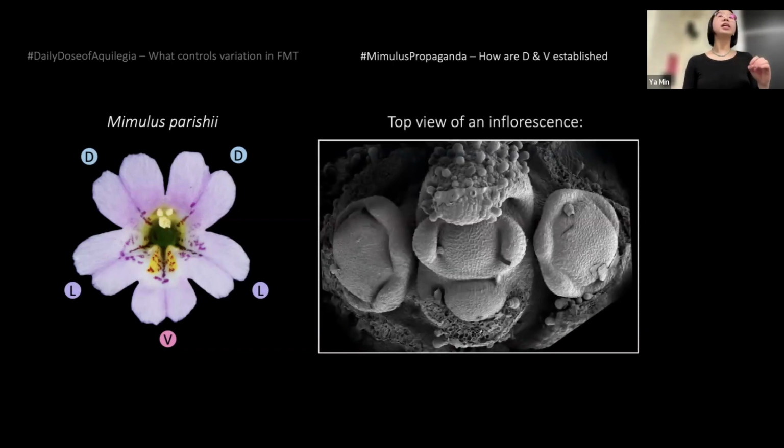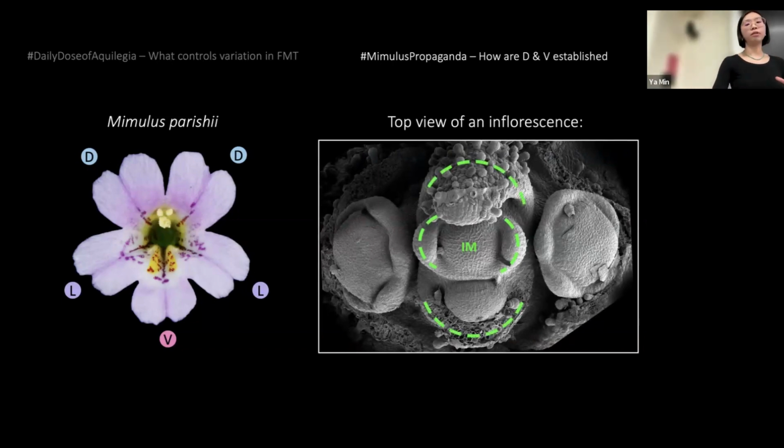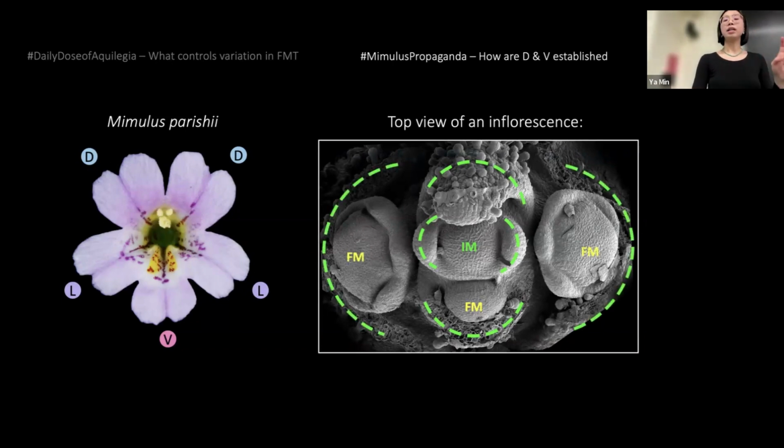Here we have a scanning electron microscope image of a Mimulus inflorescence. That's a top view. What we're seeing here is an inflorescence meristem in the process of making 2 leaves. 90 degrees from that, it has the opposite phyllotaxy: another pair of leaves, each subtending a young floral meristem, just a bump of cells. 90 degrees from that, another pair of leaves, and a slightly older floral meristem.